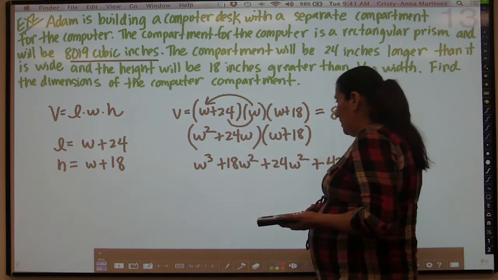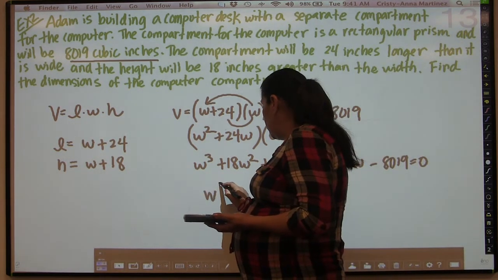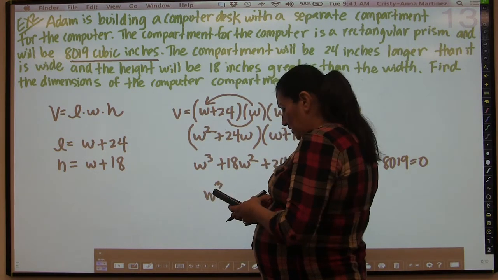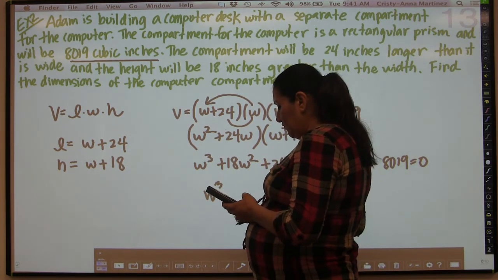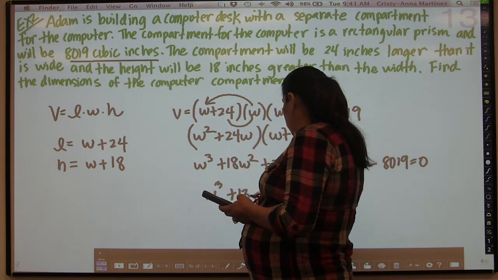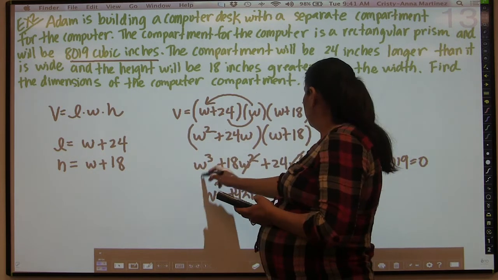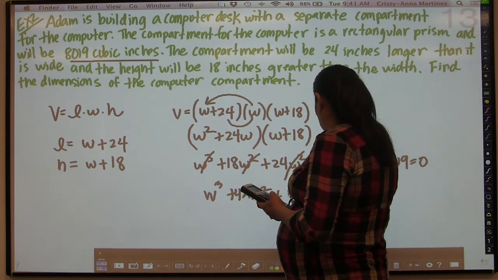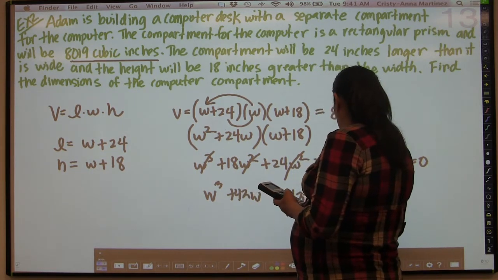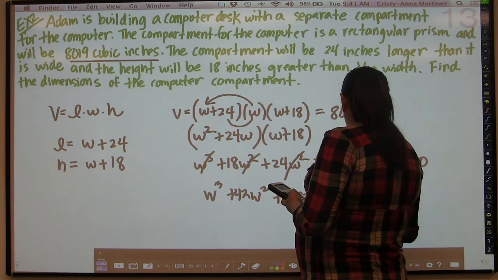And I'm just going to combine my like terms. So I've got W cubed, 18 and 24 is going to give us 42W squared. And then plus 432W minus 8019.